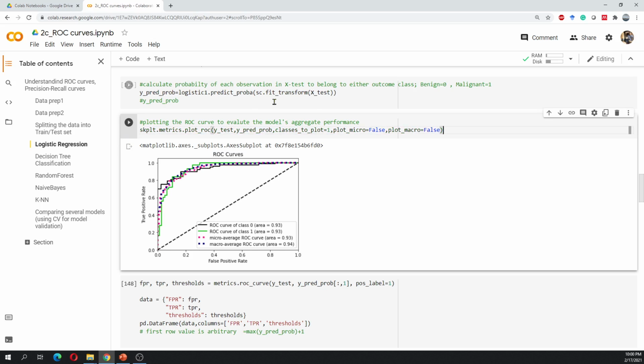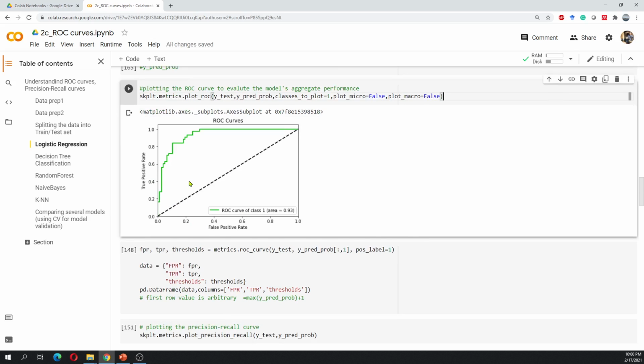Basically, I told it I don't want to see the macro and micro plots, and I am just interested here in class 1, whether or not somebody clicked on the ad. And so now these different points are just basically connected. Now let's see if we can retrieve the thresholds that are being used to calculate these true positive and false positive rates. We can do that with this ROC curve.